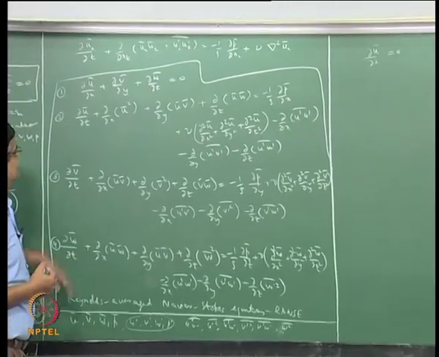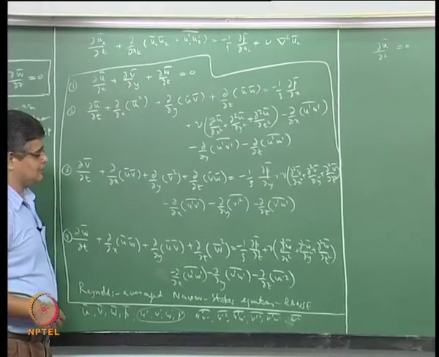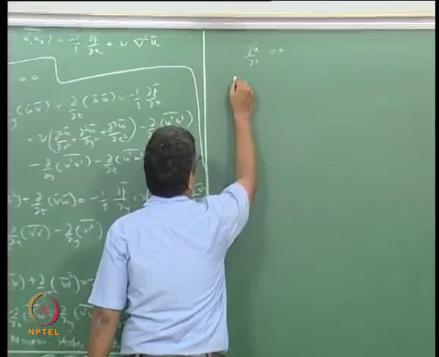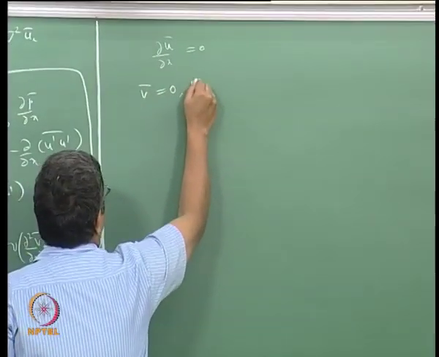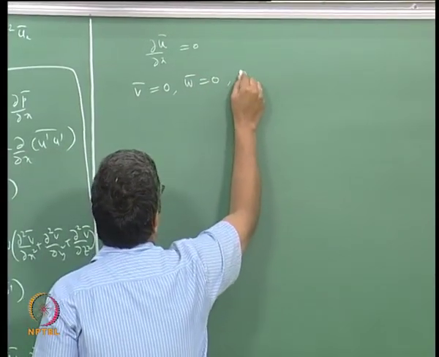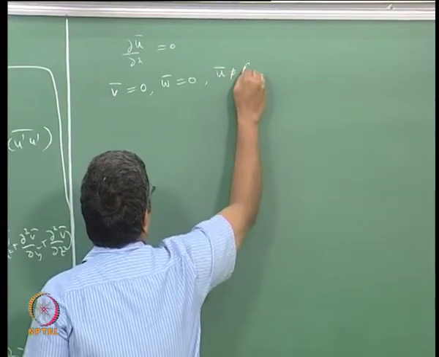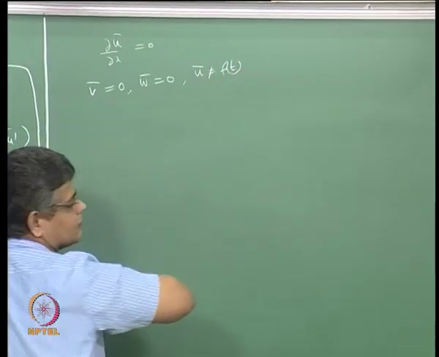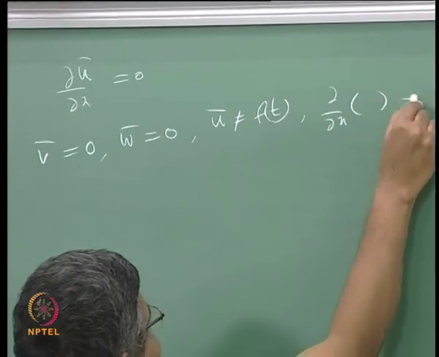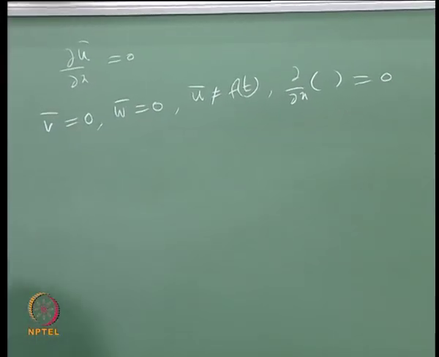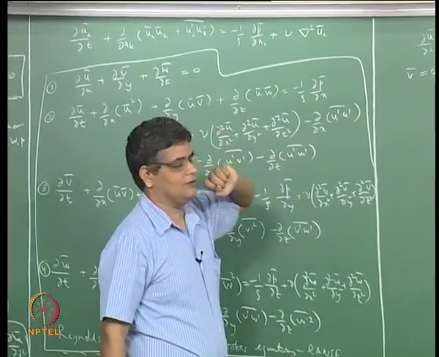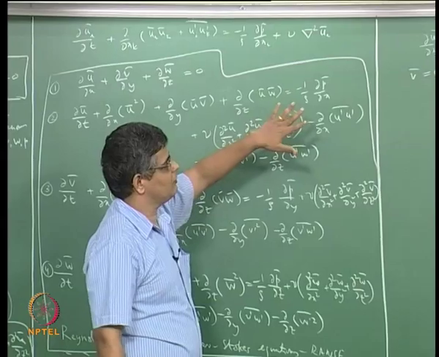We are looking at the case where v bar is 0, w bar is 0, and the flow is steady, therefore u bar is not a function of time, and the flow is fully developed. That means that dou by dou x of anything is equal to 0 except pressure, and the pressure gradient is constant, and it is a given constant from the boundary conditions.